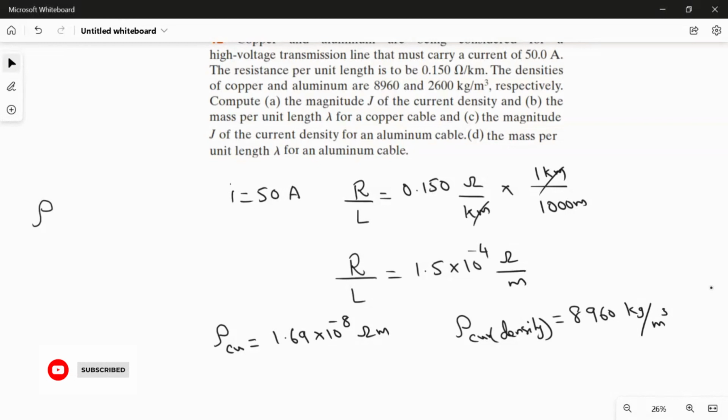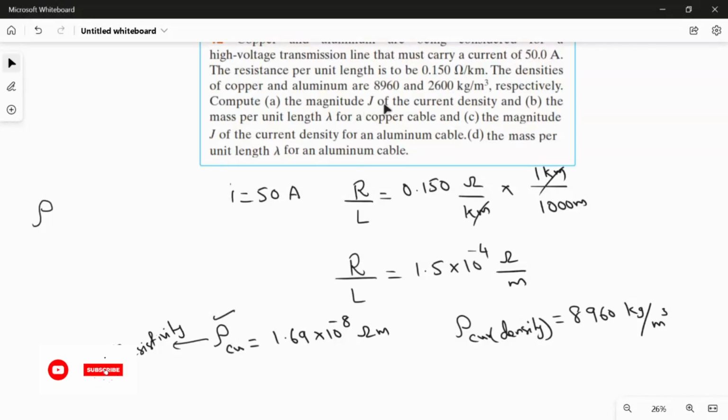So both are different, but they take the same symbol. The first one is the rho, which refers to the resistivity, but this rho is for the density. So while you substitute the value in the equation, you should be very careful. Clear? Okay.